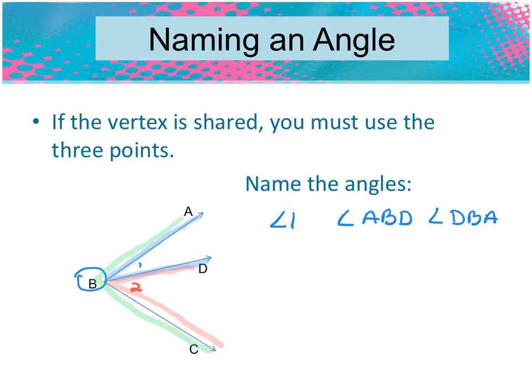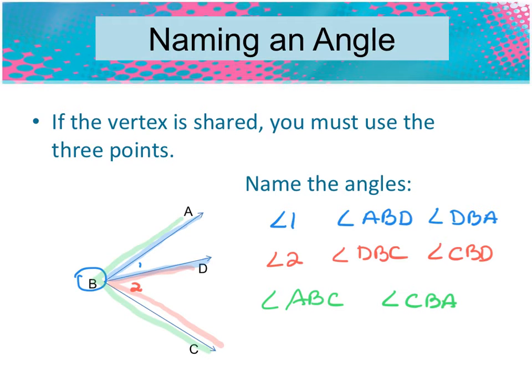And then for the red one, I can call this angle 2. I can also call it angle DBC, or go backwards and call it CBD. And then I can refer to the green one. The green one would be angle ABC or angle CBA.